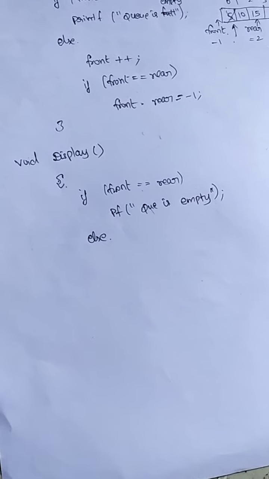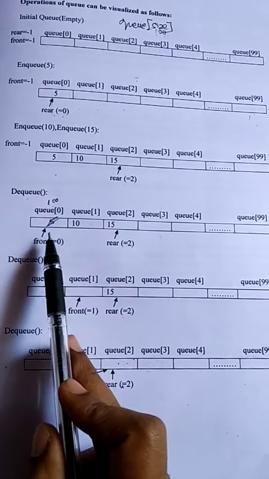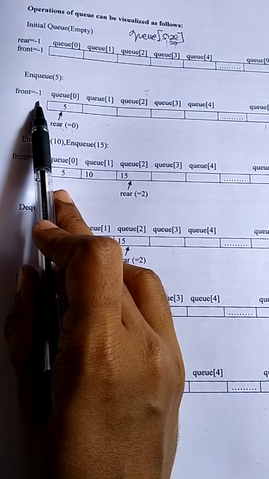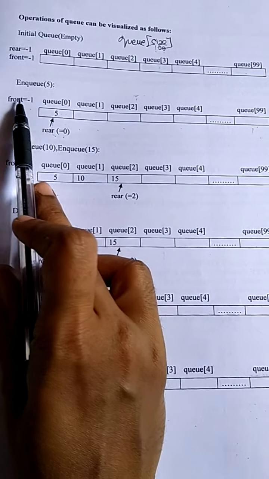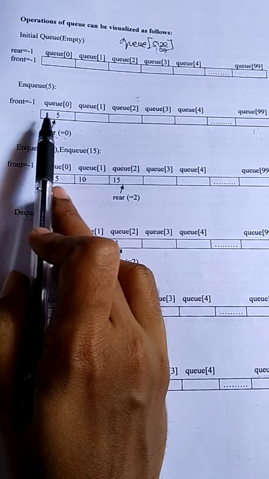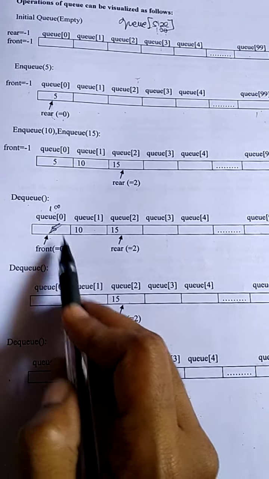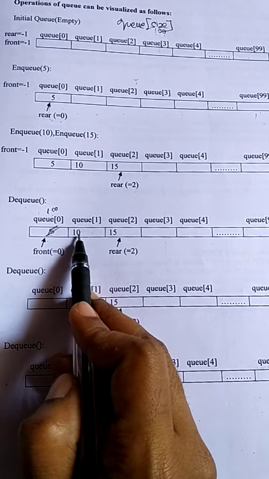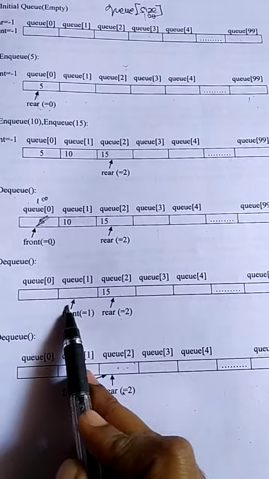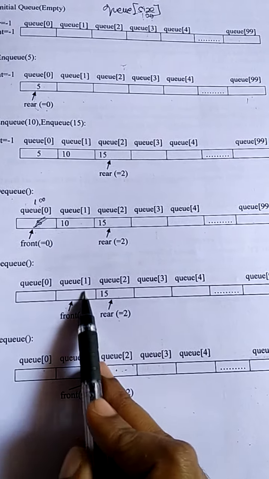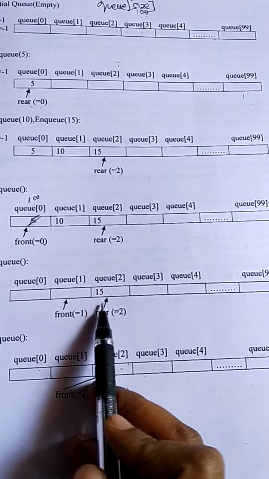So just see the condition again. You see the front pointer here is -1, so the values start from the next of front, that is front equal to 0. Here the front is pointing here, front of 0, but in 0 there is no item, it is starting from 1. So here front is 1, there is no item, the next of front has some item.